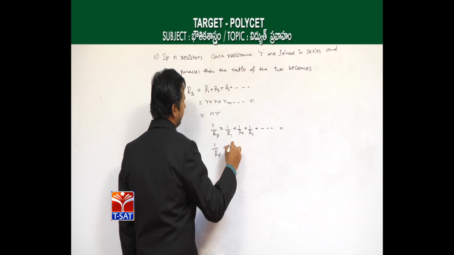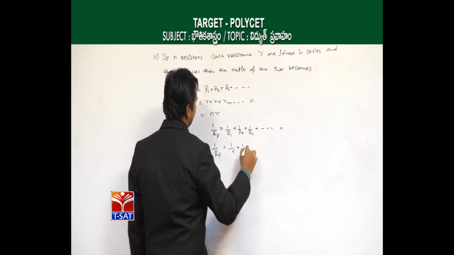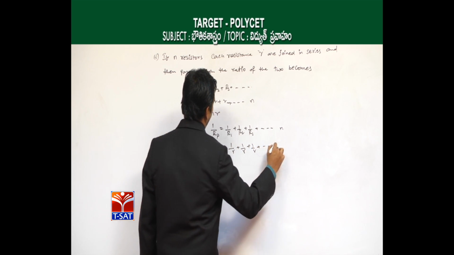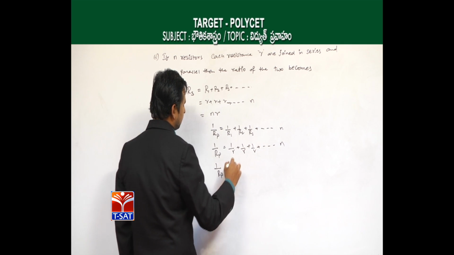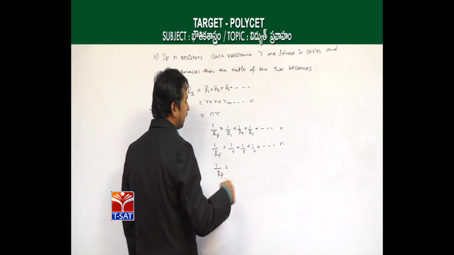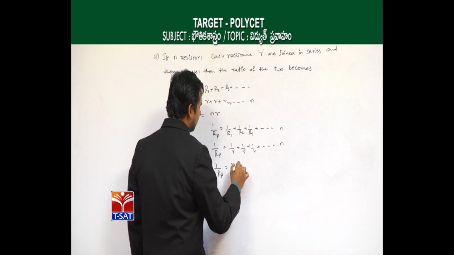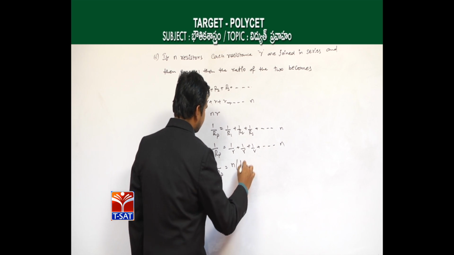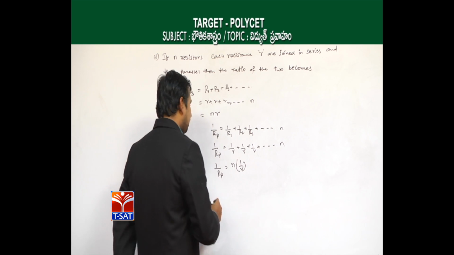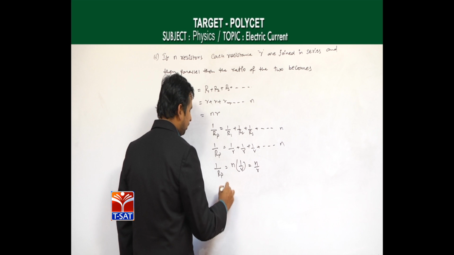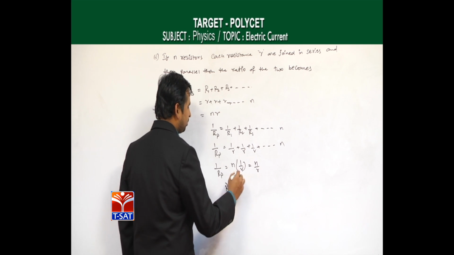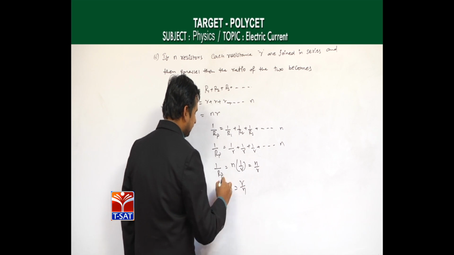Each one has a resistance of R only, so 1 by R, 1 by R, 1 by R, n times. Then 1 by Rp becomes n times 1 by R, which is n by R. Finally, Rp equals R by n.